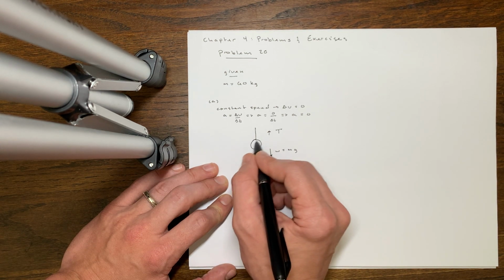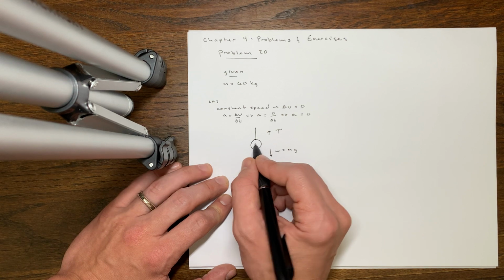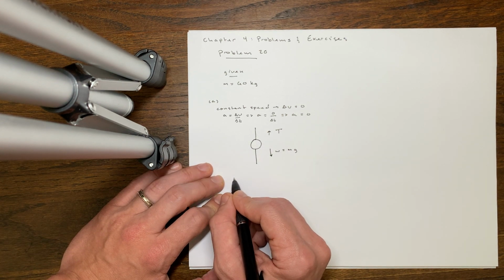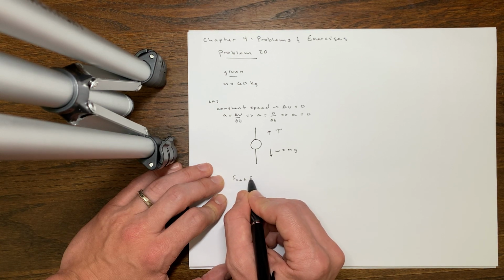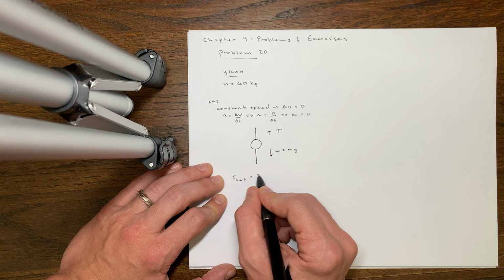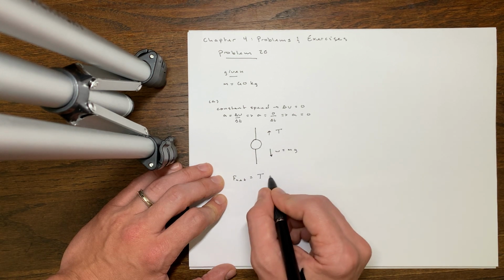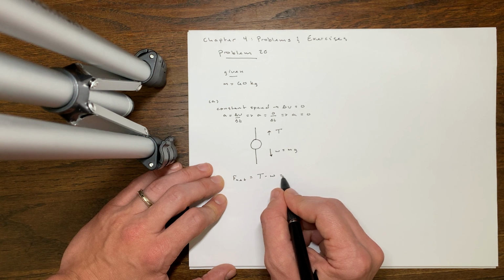Since there's no net external force acting on our object, we have the equation: F net is equal to this force minus this force, because it's in the opposite direction, is equal to 0.